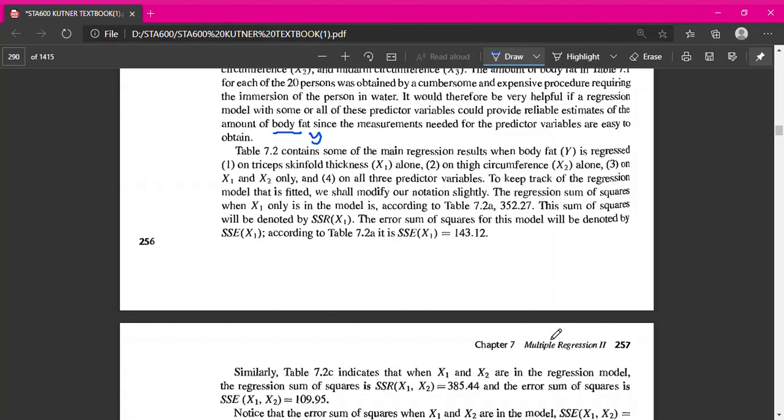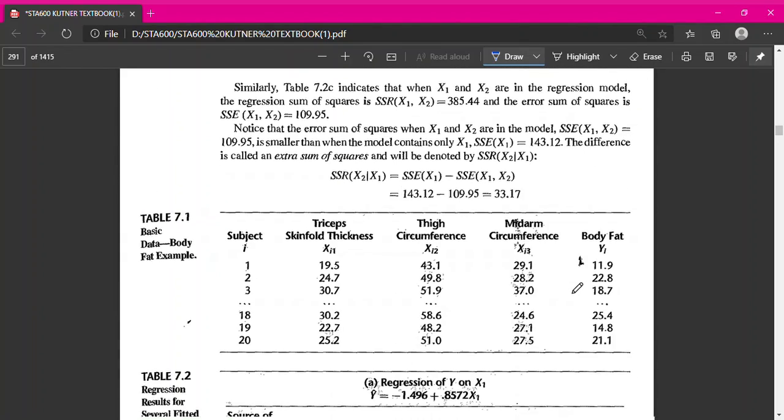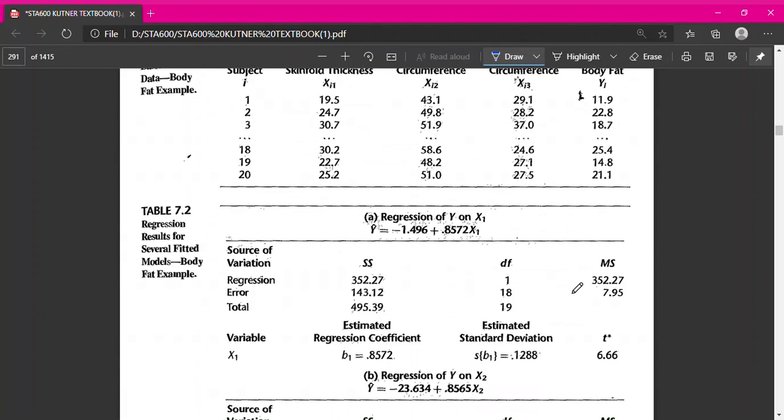Alright, so table 7.2 contains some of the main regression results when body fat is regressed on X1 alone, when Y is regressed on X2 alone, and when Y is regressed on X1 and X2, dan juga when we regress Y on X1, X2 dan X3.